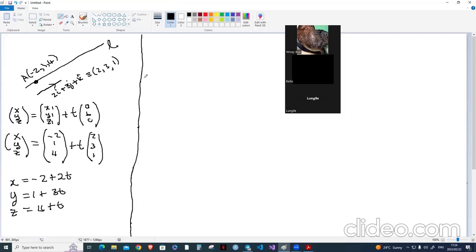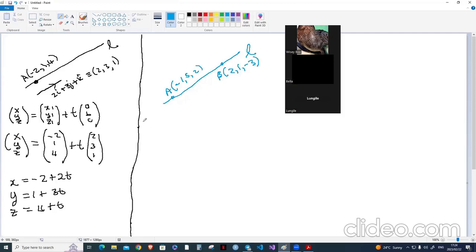They give you a line, let's say L. Then they give you a point, the point is A (-1, 5, 2). Then they give you another point, B, on the line, (2, 1, -3). So they give you 2 points. And then they say find the equation of the line.